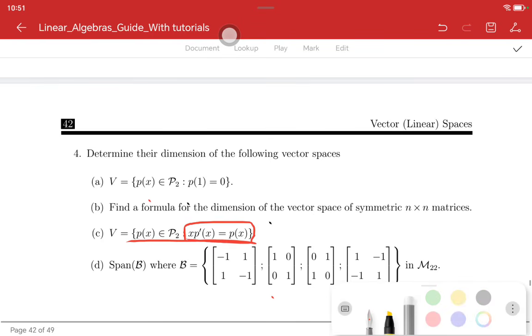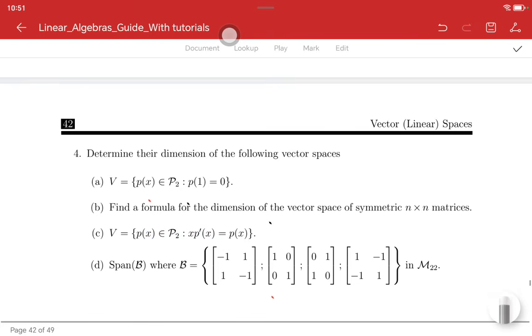Let's express it in this way. First, since P of x is an element of P2, we can let Px be equal to Ax squared plus Bx plus C. And P prime x, we derive this once. We have 2Ax plus B. Do you agree?